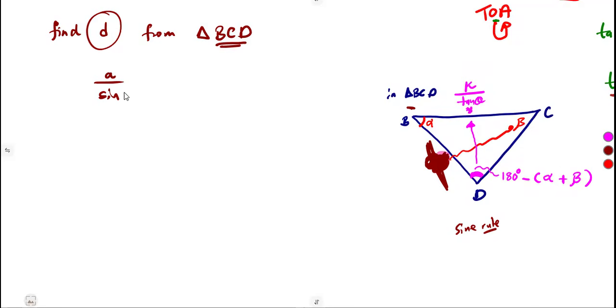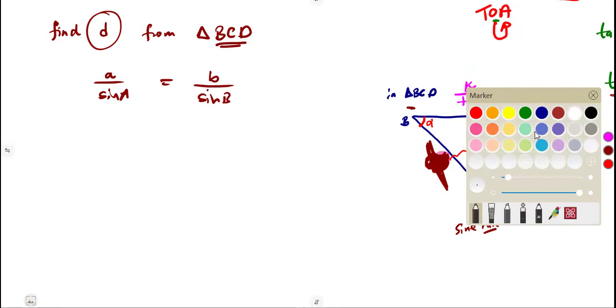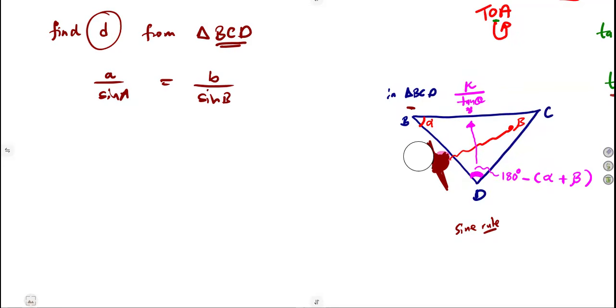Remember, a over the sine of A is equal to b over the sine of B. The side to be calculated is D. We act as if it's not given, but that is the one that we need to calculate, which is D over the sine of the corresponding angle. D corresponds to angle beta. So that is the sine of beta.